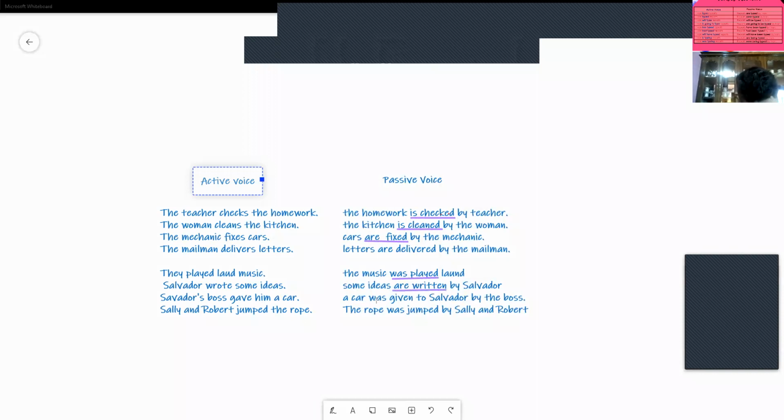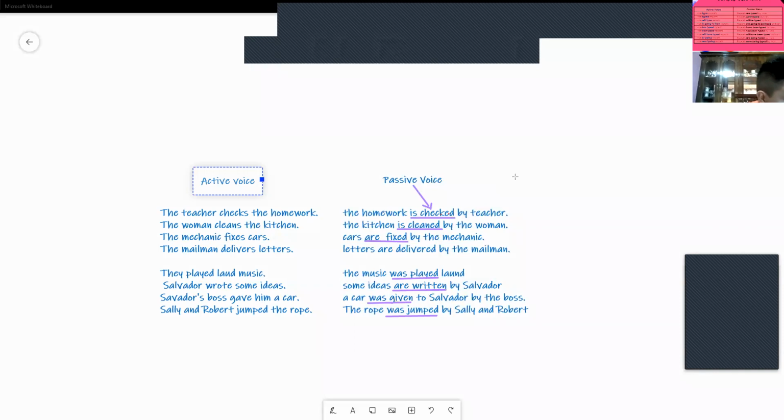Are written, was given, was jumped. Okay. Notice your passive verb. Okay. This is your passive voice or the passive verb.